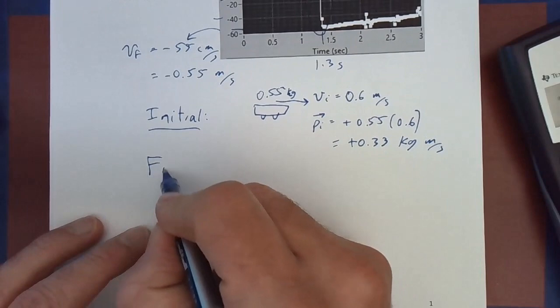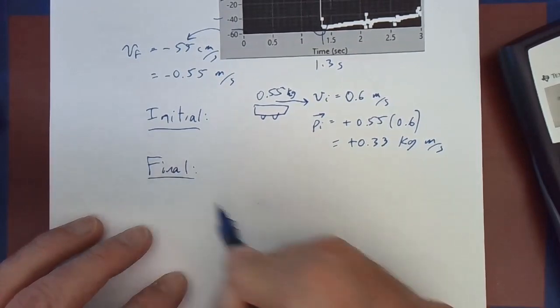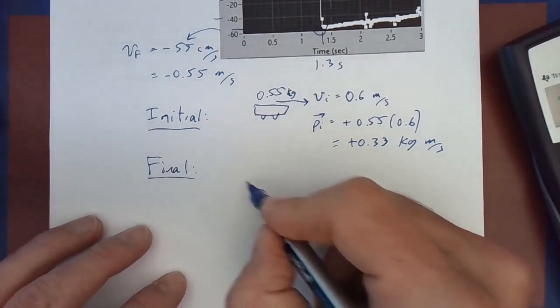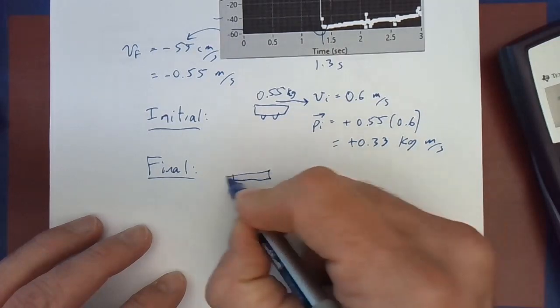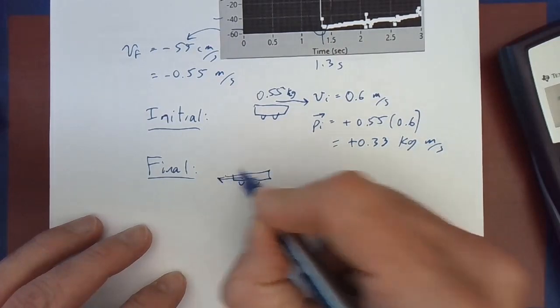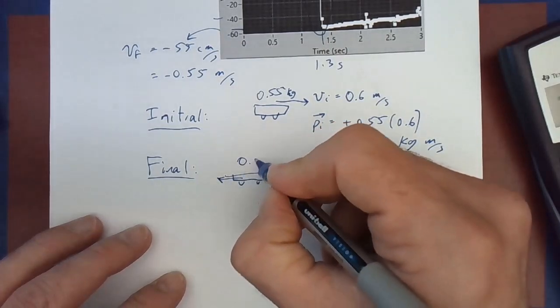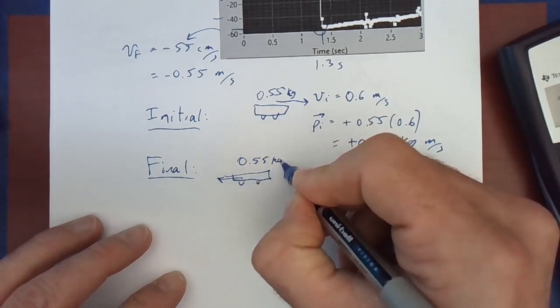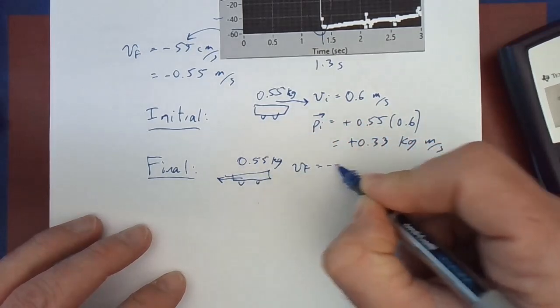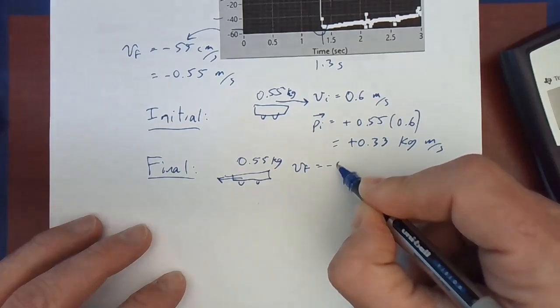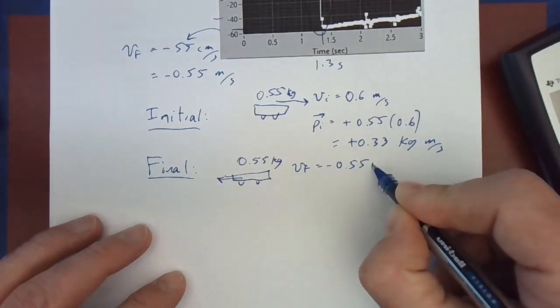Your final situation is just the cart has now reversed its direction because it bumped off the bumper or something like that. It's still 0.55 kilograms, but V final is now negative 0.55 meters per second.